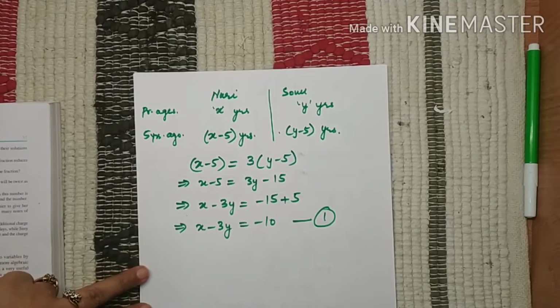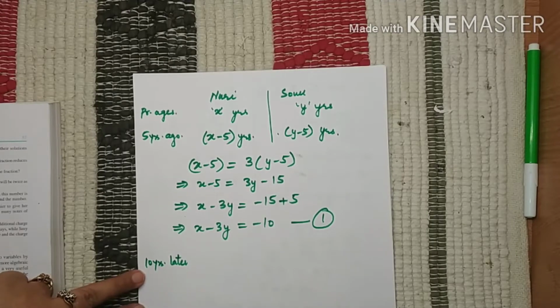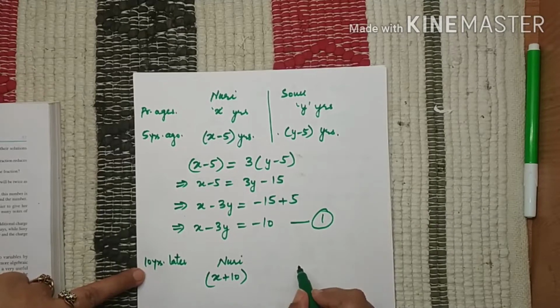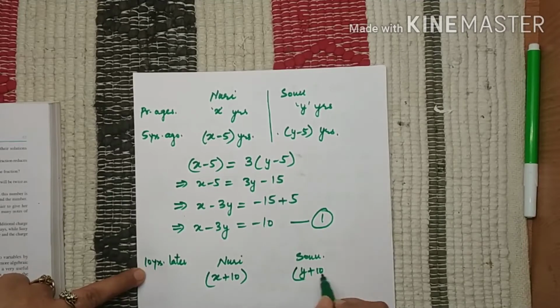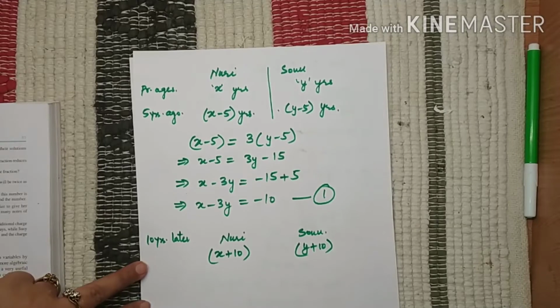Now the second case, he says 10 years later. If you are 15 years old right now, your age after 10 years will be 15 plus 10. You will add 10 to the current age, right? Similarly, Noori's age 10 years later will be x plus 10 because she is currently x years old, and Sonu's age 10 years later will be y plus 10 as Sonu's present age is y years.